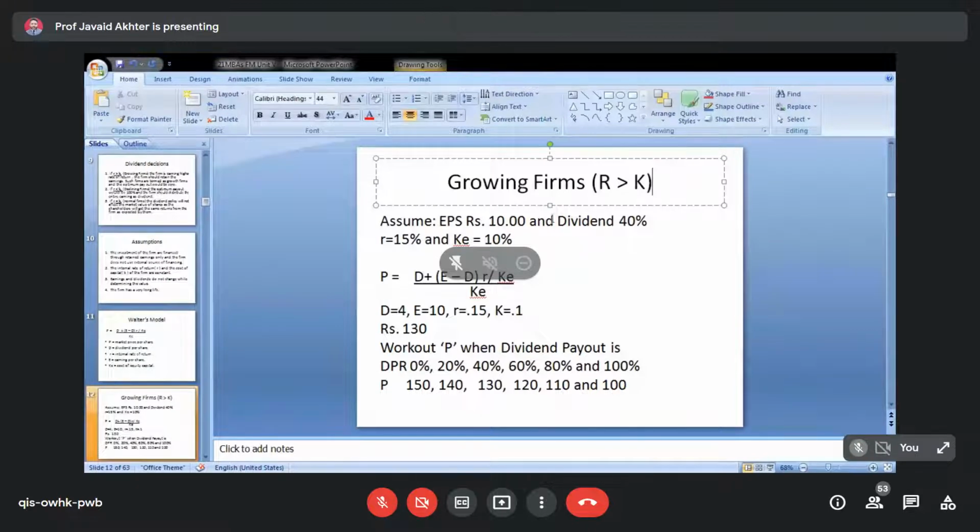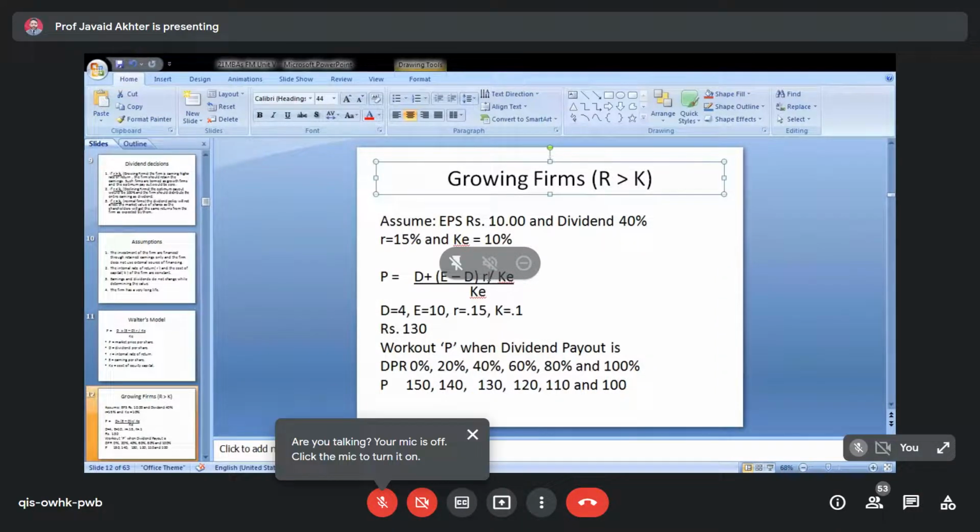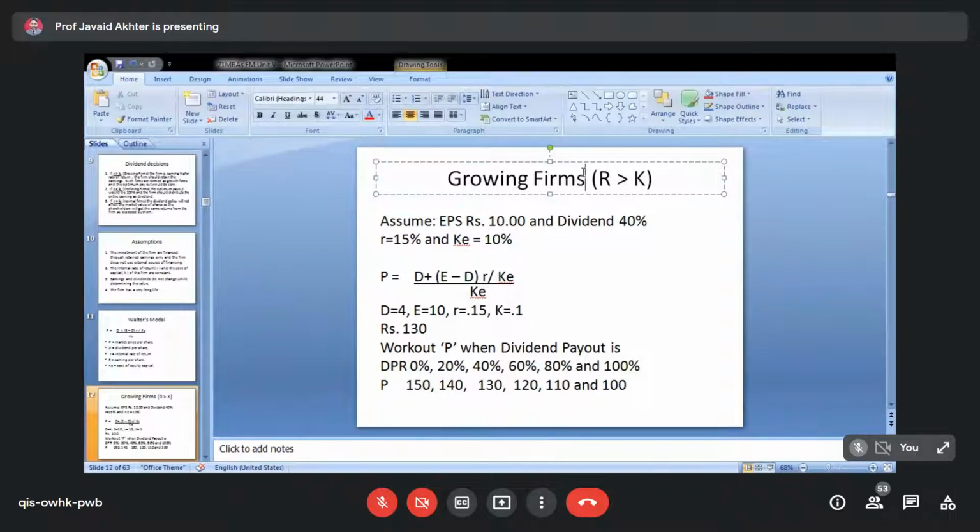If so, what is the logic? Is my question clear? Ignoring what Walter is saying and forgetting the formula, a firm which is growing, R more than K, should pay less dividend, and why?